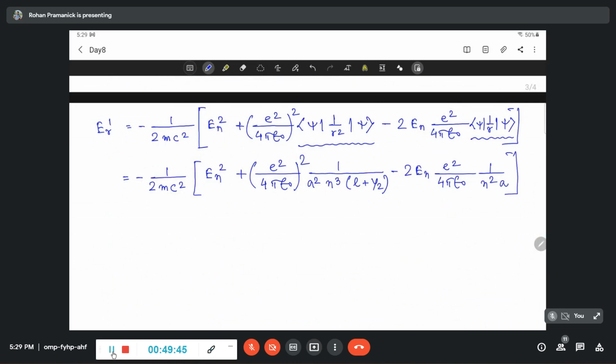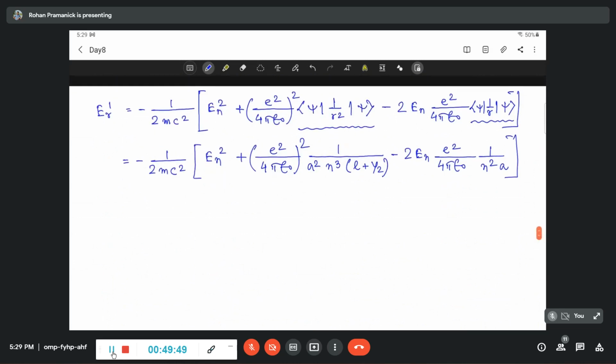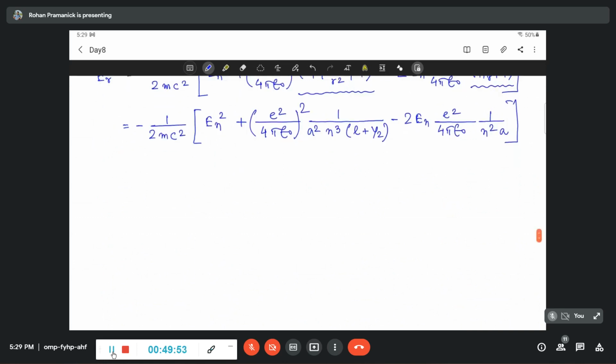Fine. So you see that there are lots of n, and if you can adjust this n, so let's write this n as minus, so this was e squared by 4 pi epsilon 0. There was a square, there is a m, there was a 2 h cut square, and there is a n squared, right?